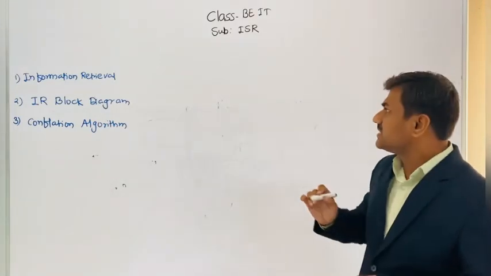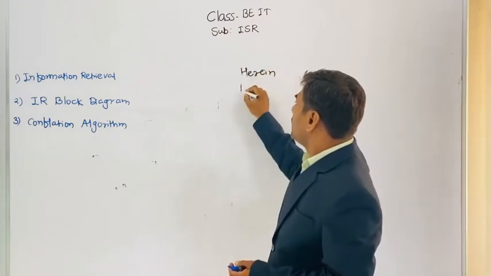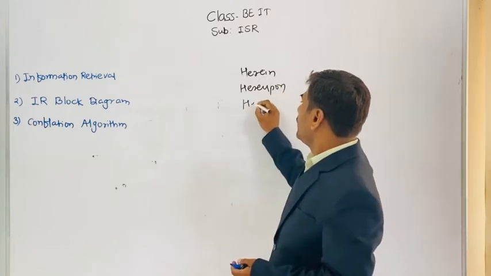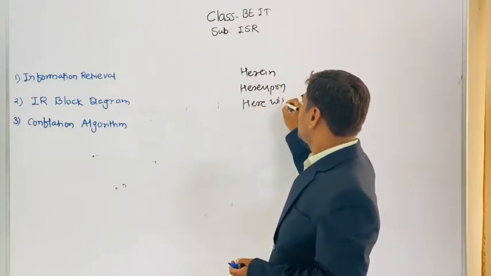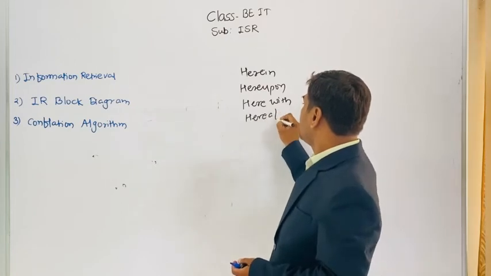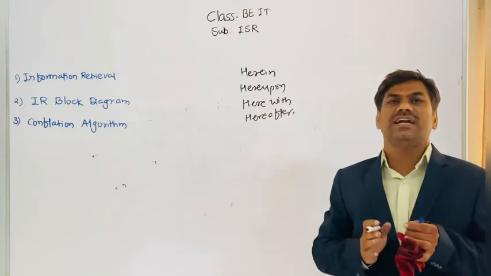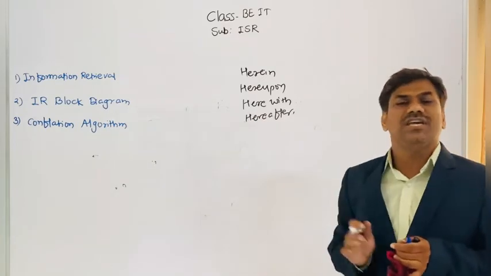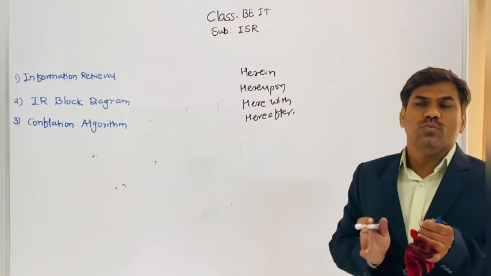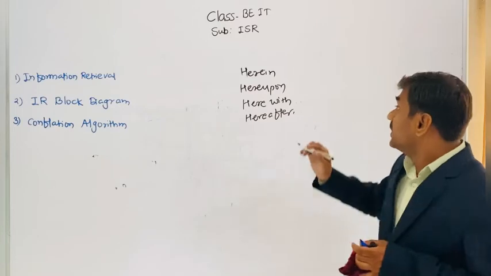The example is like this: herein, hereupon, herewith, hereafter. These are the four words given to us in the question, and we are asked to solve this using the conflation algorithm. So here we will apply the conflation algorithm on this example.